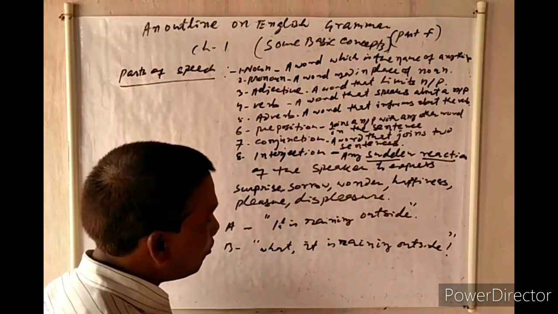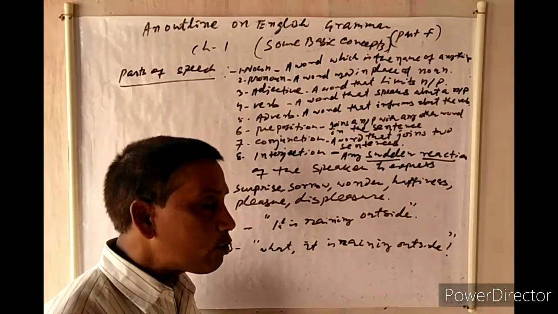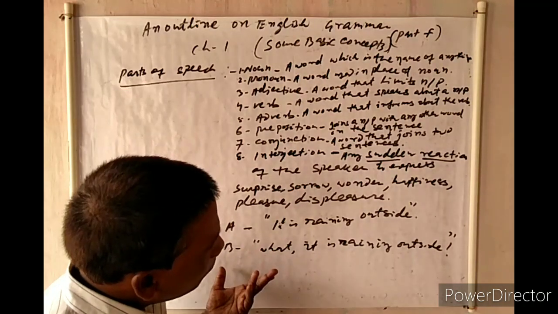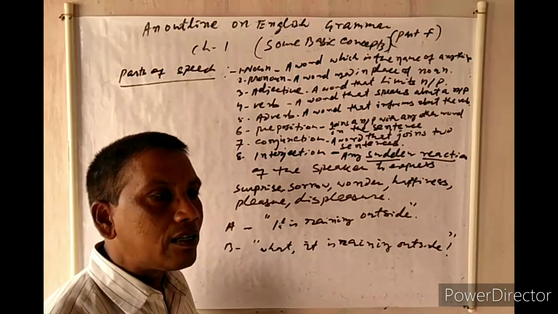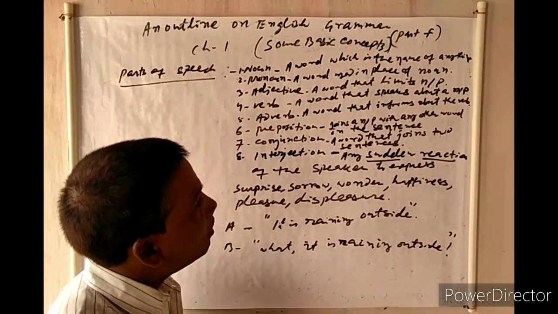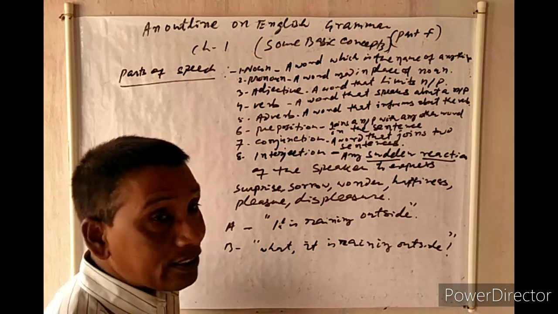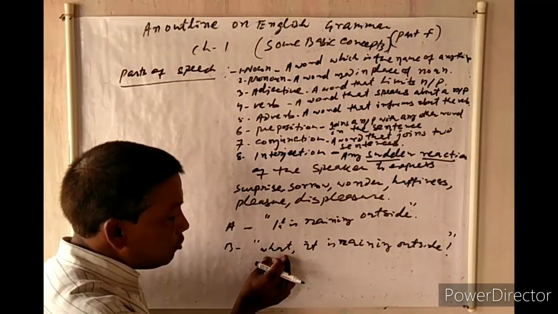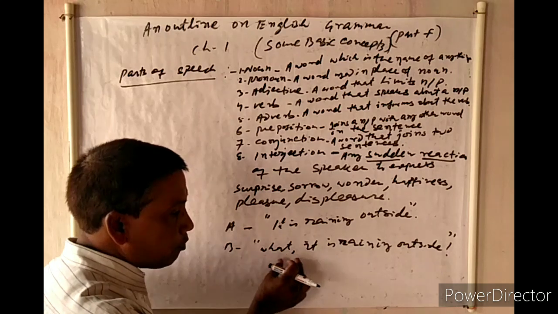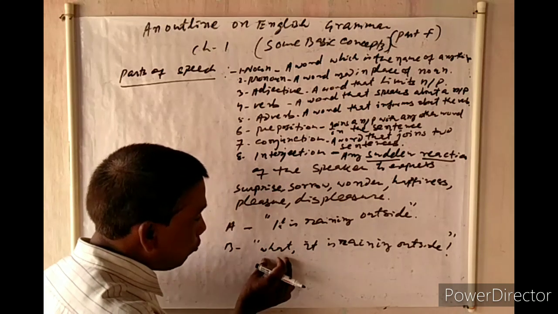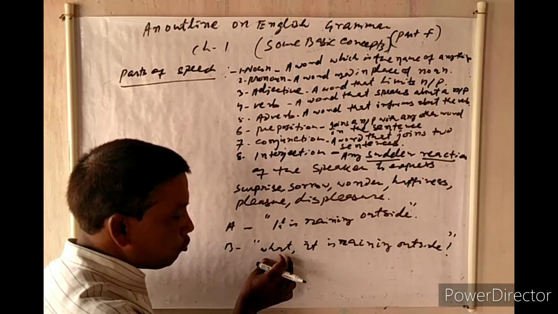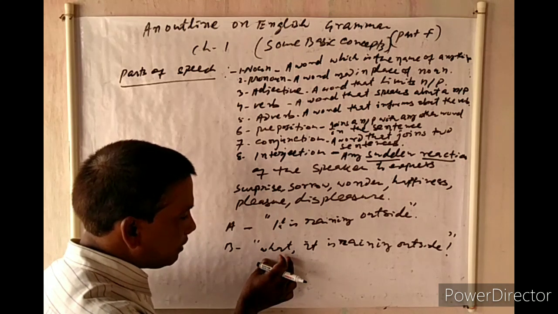Part of speech means any word used in the sentence is grammatically named according to what work that particular word does in the sentence. Here this word is not having any relationship with any other word, so truly speaking, to some grammarians it does not constitute a part of speech.